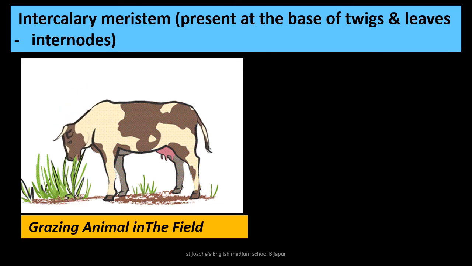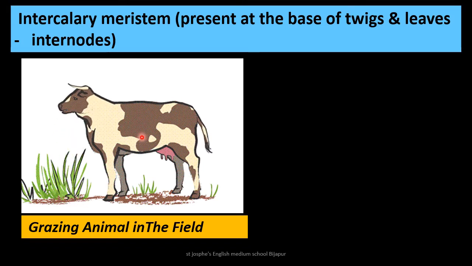Because we have studied that apical meristem is responsible for growth in plants. But in this case, the apical meristem of the grass is already in the cow's stomach. So, what causes the regrowth of the grass?